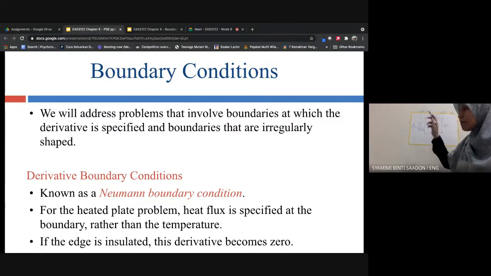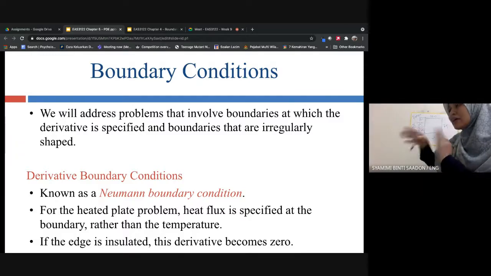If the plate is insulated, it means an insulation material is placed beside it, for example something like a foam, so the conduction process cannot occur.